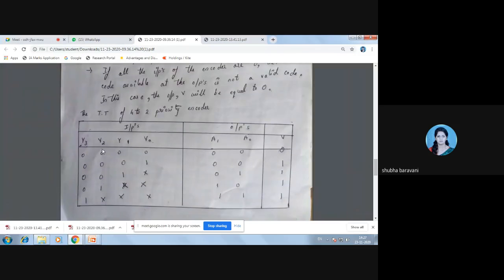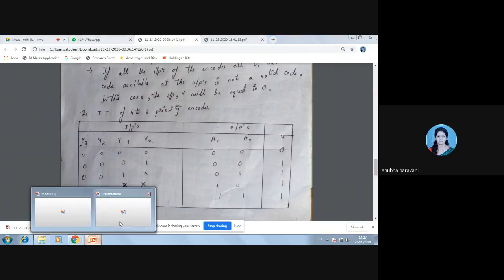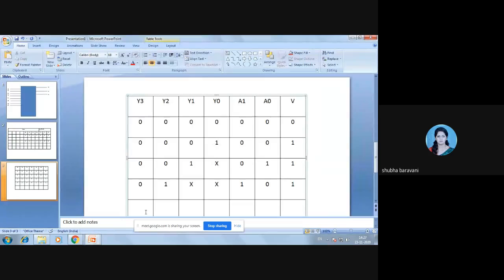See, if your Y2 is 1, irrespective of whatever is Y0 and Y1, your output would be 1 0 and it's a valid code. Similarly, if your Y3 is 1, other inputs are 0, you would get 1 1. However, even if your Y1 is 1, you would get 1 1. Even if your Y0 is 1, you would get 1 1.